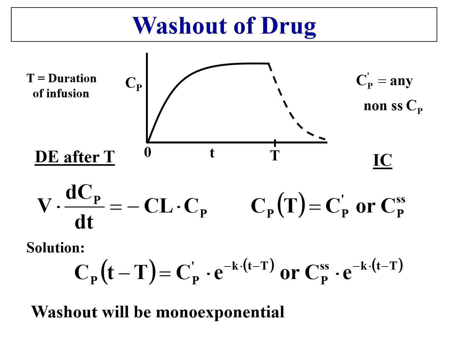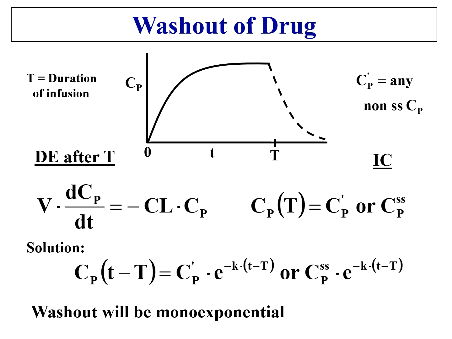So we can plug in those equations from the right, the CP at capital T, and we can solve for plasma concentrations after time t. So that's the bottom equation. What happens after time T?